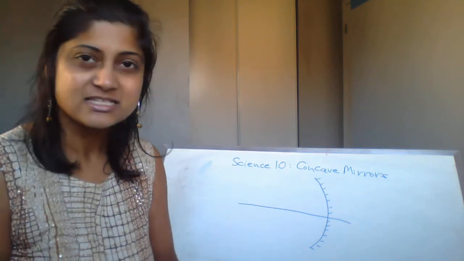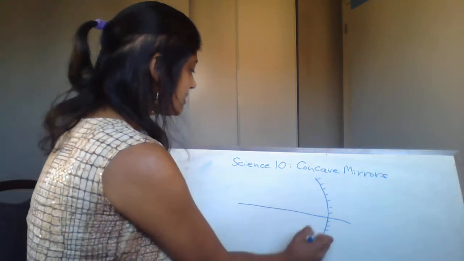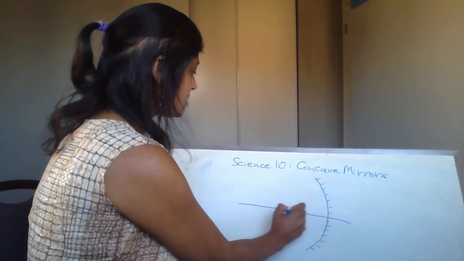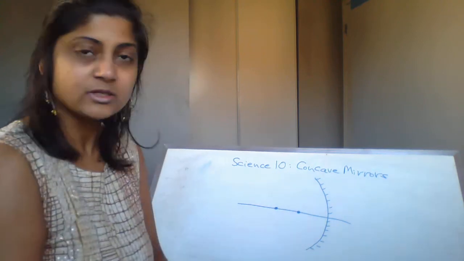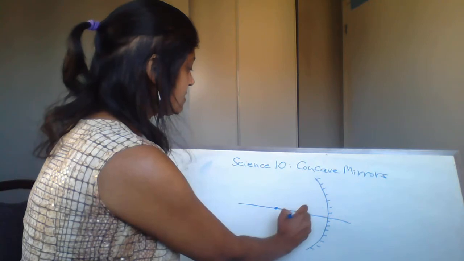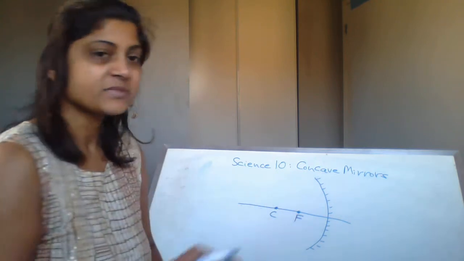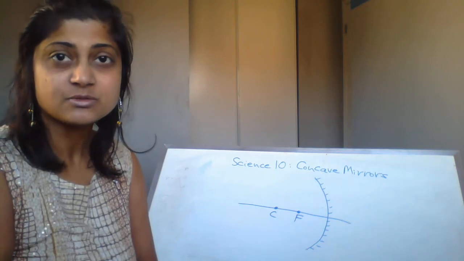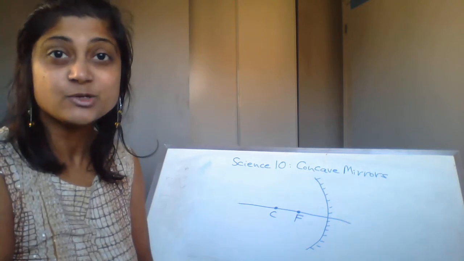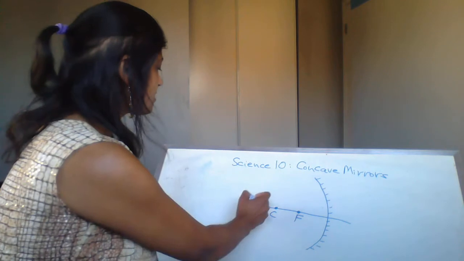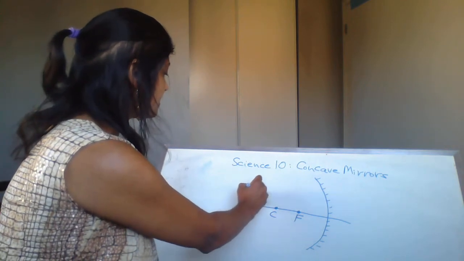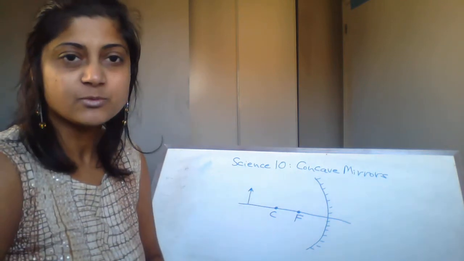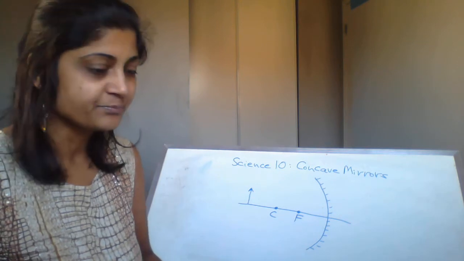All right, so let's get started. I'm going to put a couple of dots here, and let's try the questions from the book. This is the focus, and this is basically the center. Now when you're drawing the ray diagrams, you have to make sure that you're using a ruler. The teacher will give you an object, which here is just going to be an arrow.